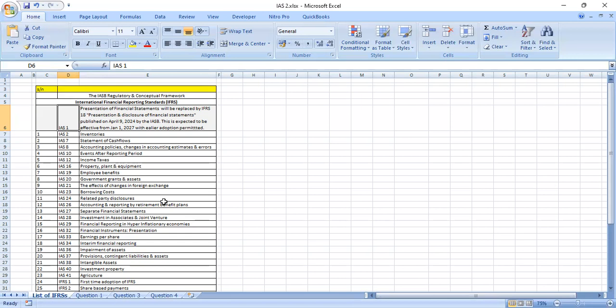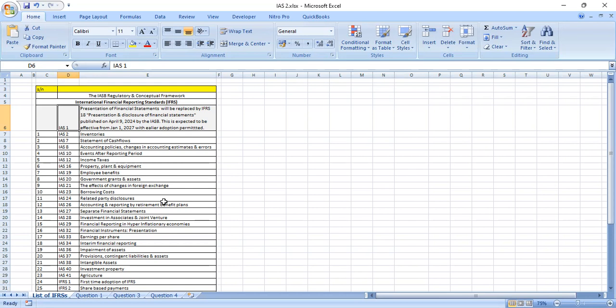This IFRS 18 was published on April 9, 2024 by the International Accounting Standards Board, which is a global accounting board that sets accounting standards. It is expected to be effective from January 1st, 2027.